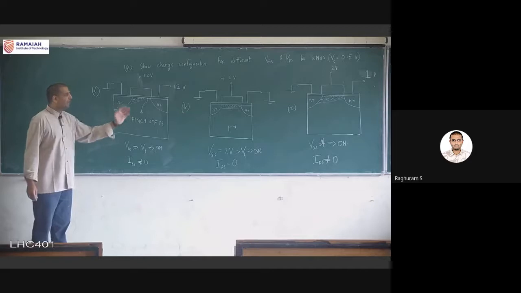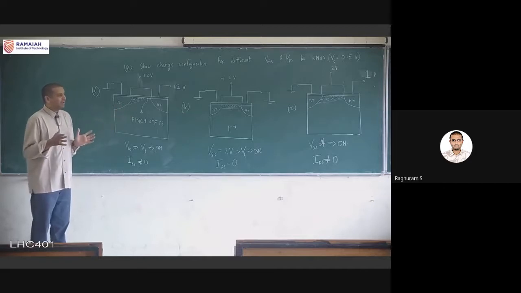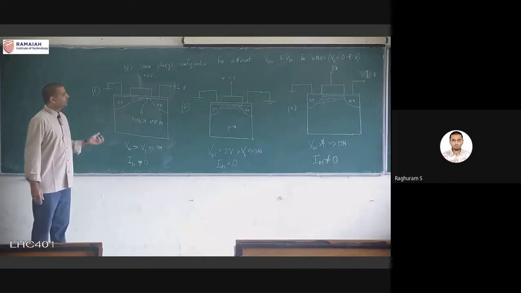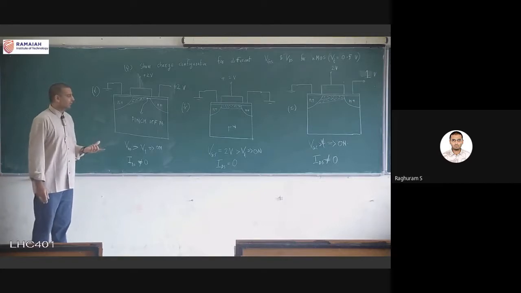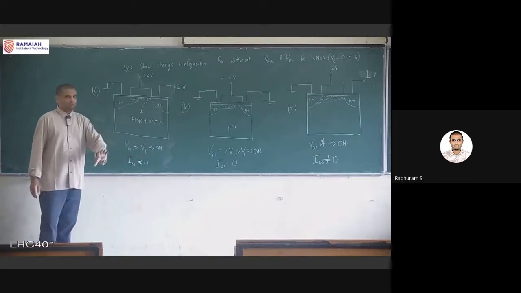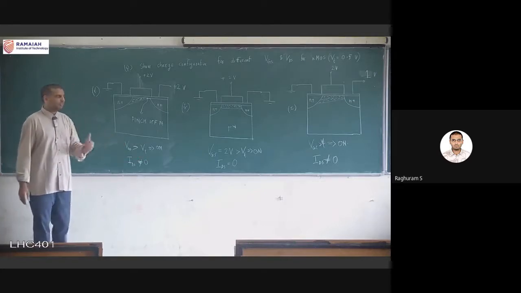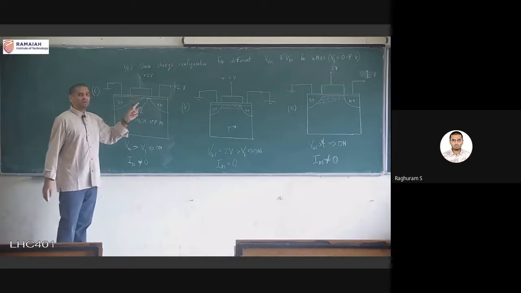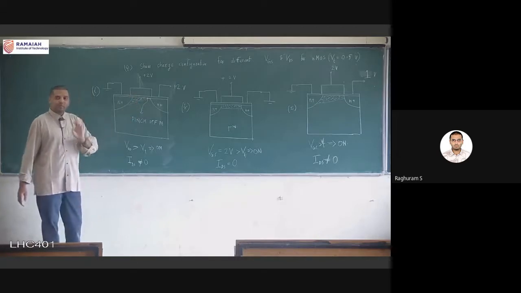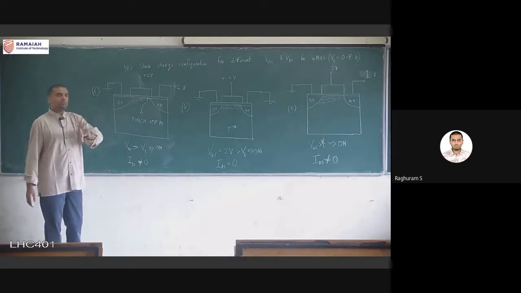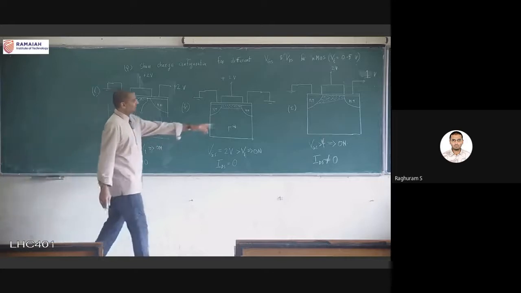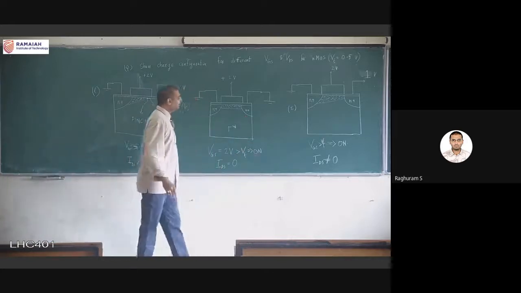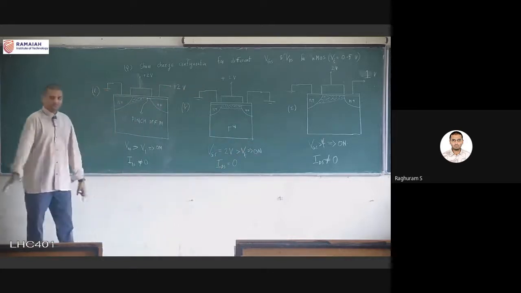So now that we have divided the modes of operation, we can also give them some names. This is very important. On is one mode. Definitely, if the on condition is there, only some current will flow. But in addition to on, based on this existing or not, that is whether pinch off has happened or not, we can look at two different situations. And this is the case where pinch off has not happened.